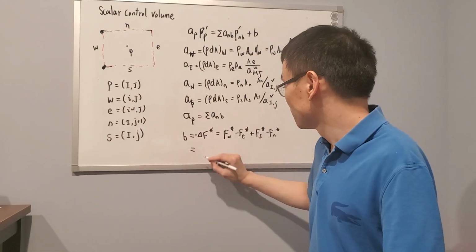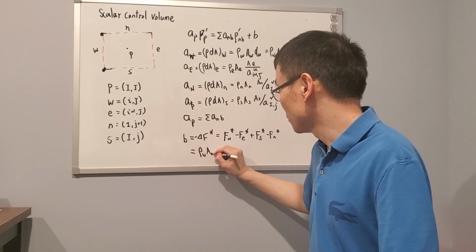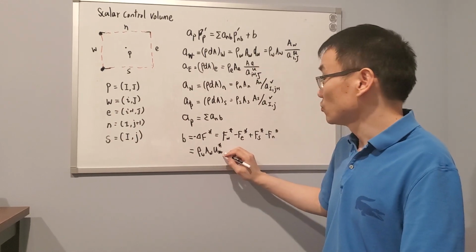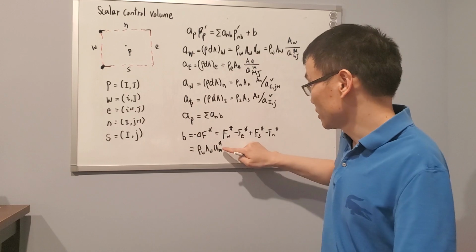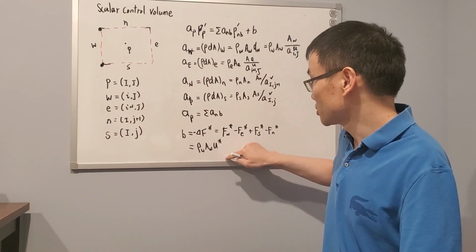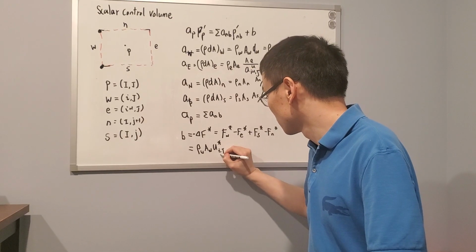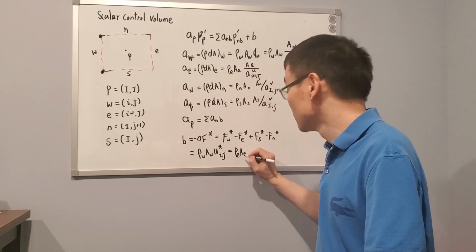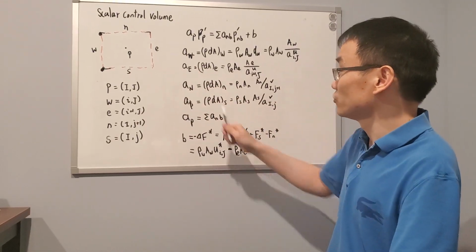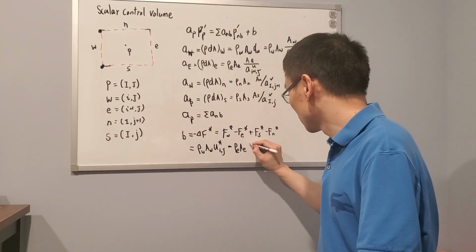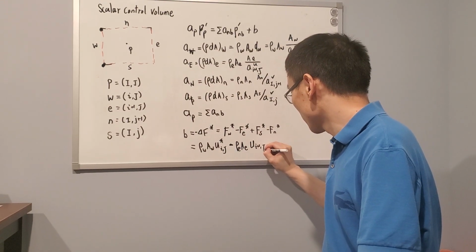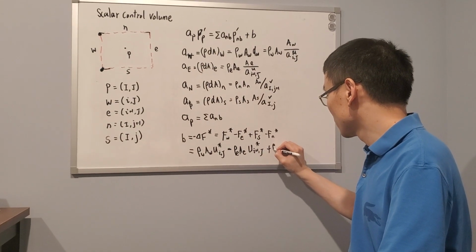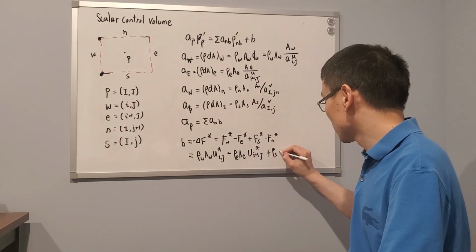So that will be rho W AW and UW star. And now for W is IJ, a U control volume cell centroid, minus rho E AE. For E is again a U control volume centroid, UI plus 1 J star.